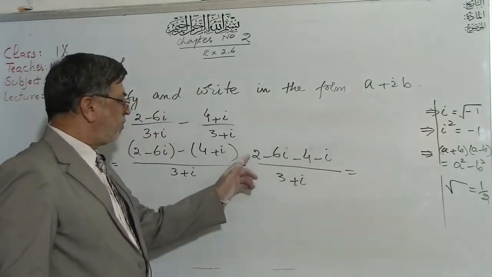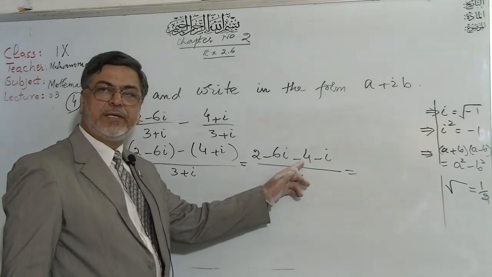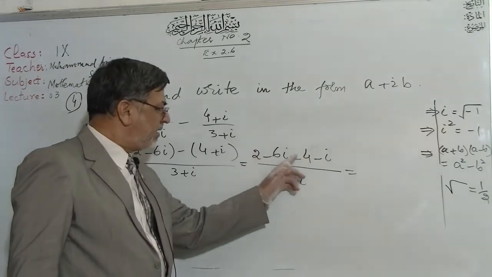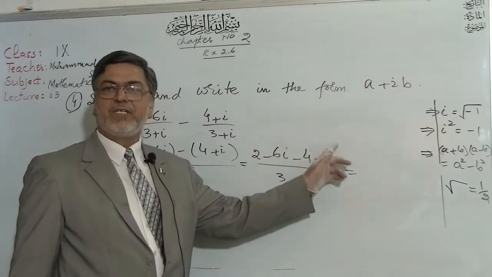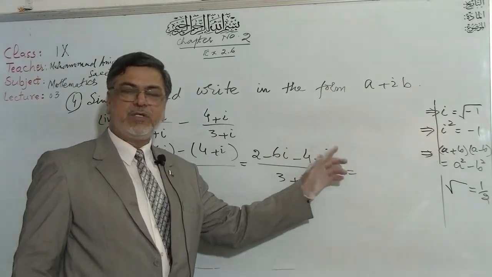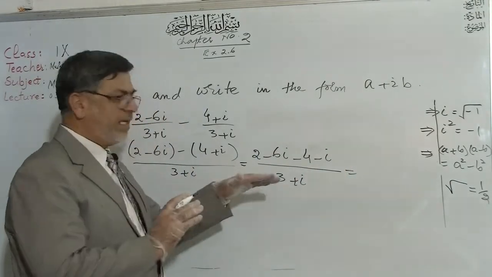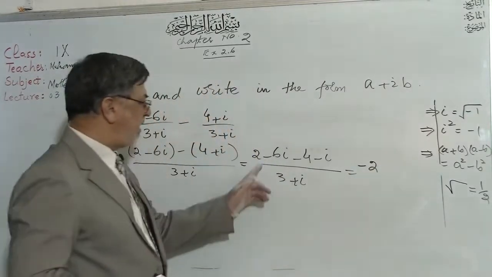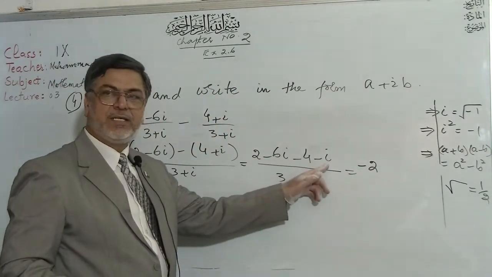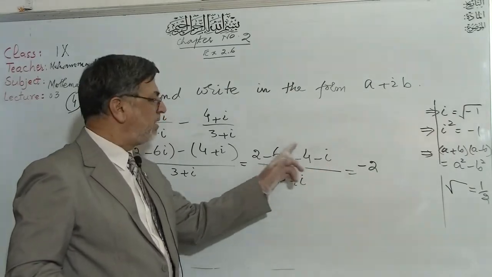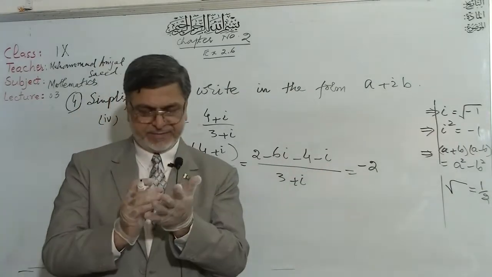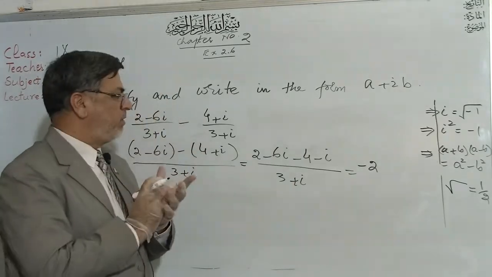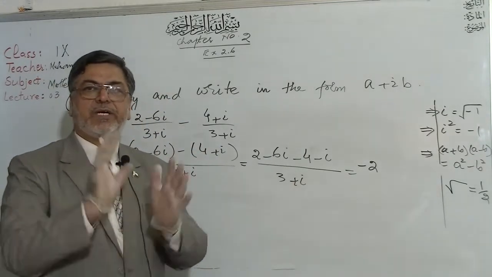Now 2 minus 4, real with real and imaginary with imaginary. You have to solve real with real. So 2 minus 4 is minus 2. Then imaginary with imaginary: minus 6 iota, minus iota. Remember, I am telling you an important rule of addition and subtraction.